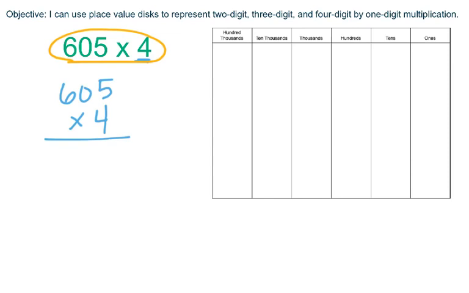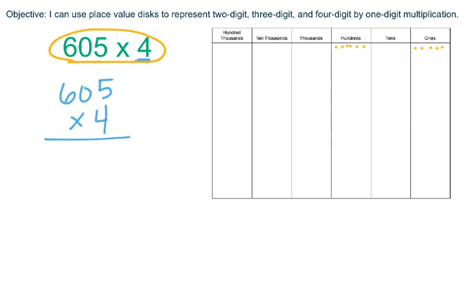How many do I have in the ones? I've got 5 in the ones: 1, 2, 3, 4, 5. My number in the tens place is 0, so I don't have anything to put in the tens place. My number in the hundreds place is a 6, so I have 1, 2, 3, 4, 5, 6 in the hundreds place to start.